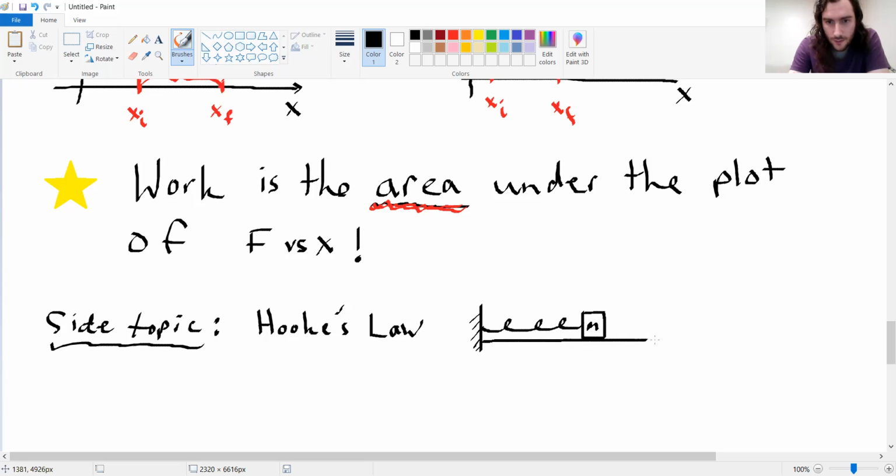Here's our floor, or tabletop. And the spring has a natural resting length. The natural resting length of the spring basically means the spring is not stretched or compressed.